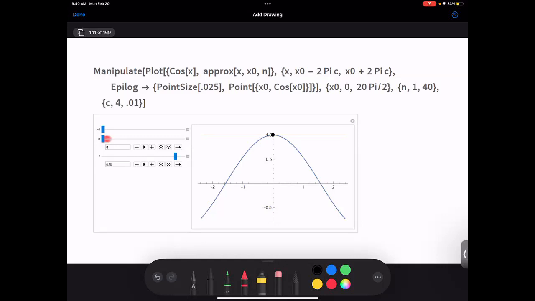Now, if I take cosine of x, what's the derivative of cosine of x? Negative sine of x. What is negative sine of x at 0? 0.